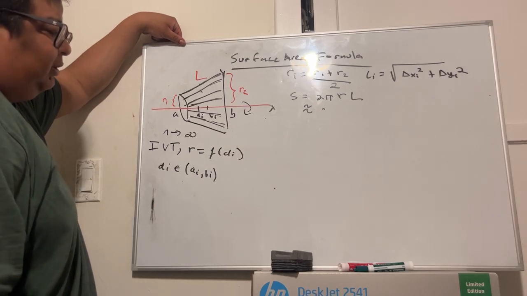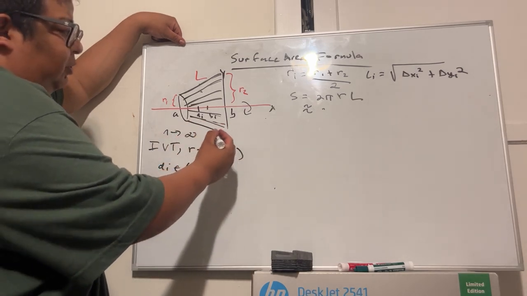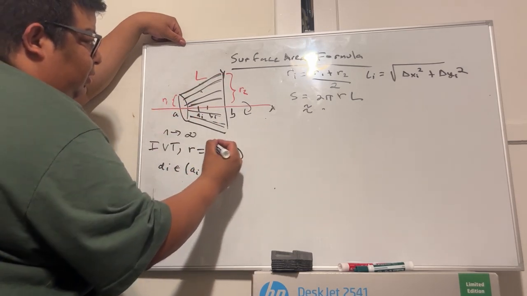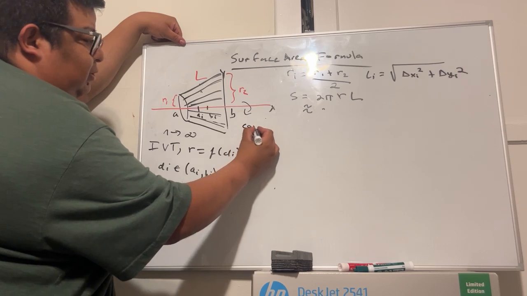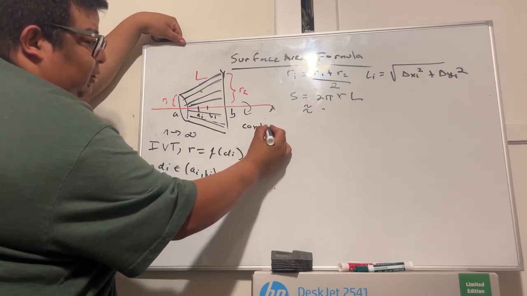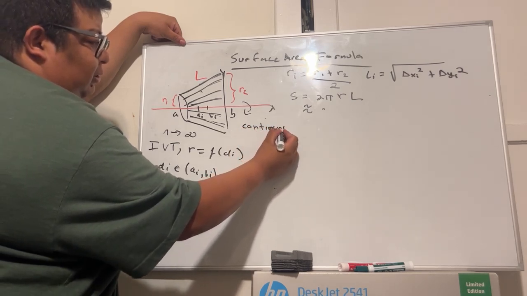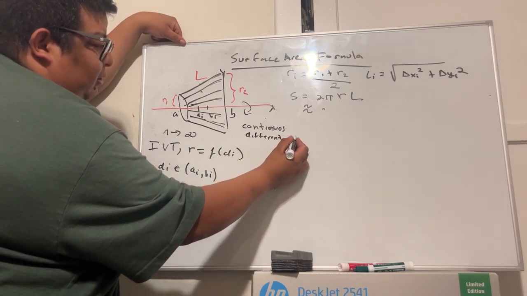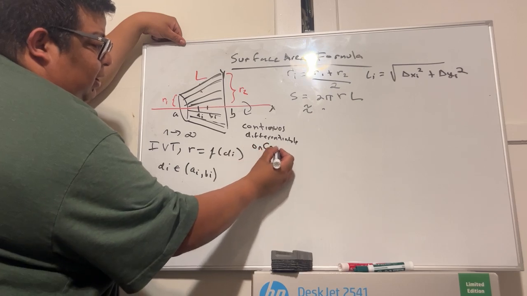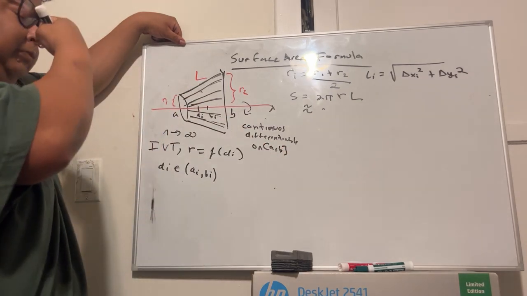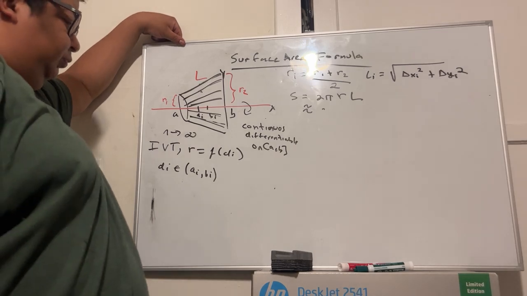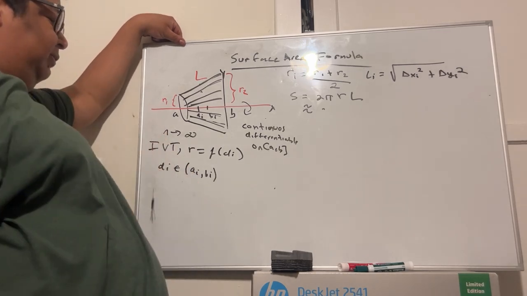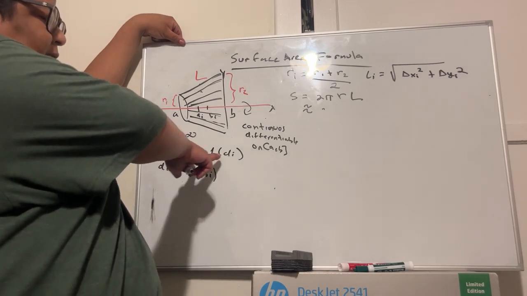Basically, by the intermediate value theorem, because the function here that we're going to be looking at is continuous and differentiable on AB, the intermediate value theorem applies.